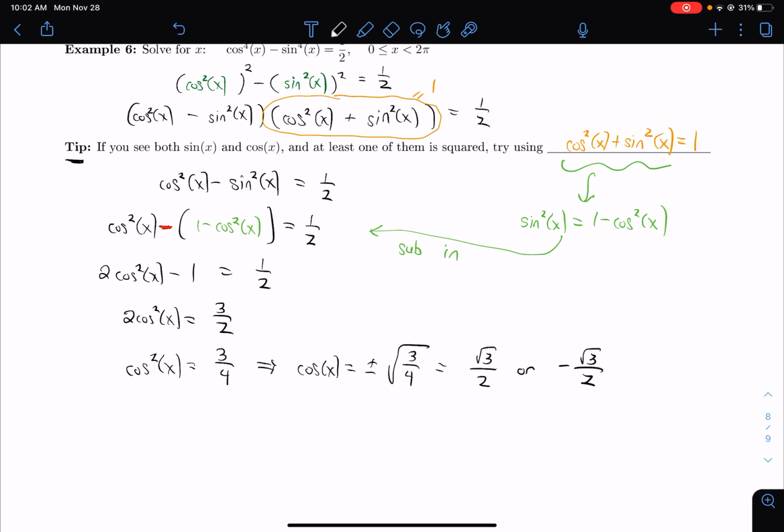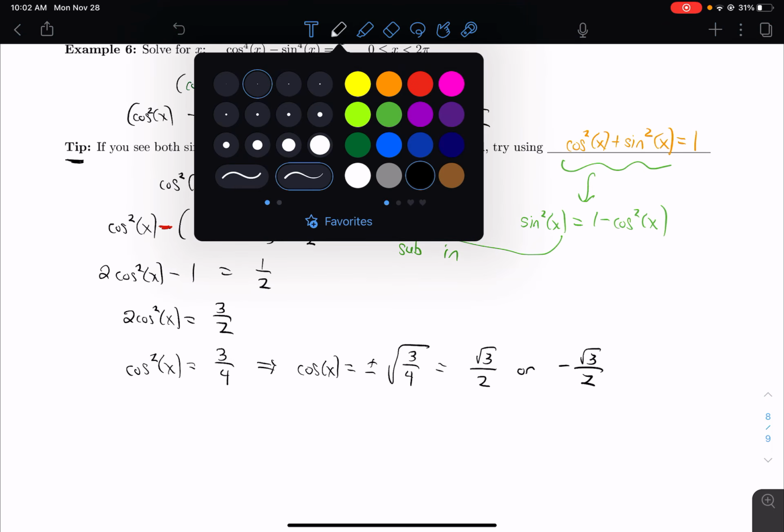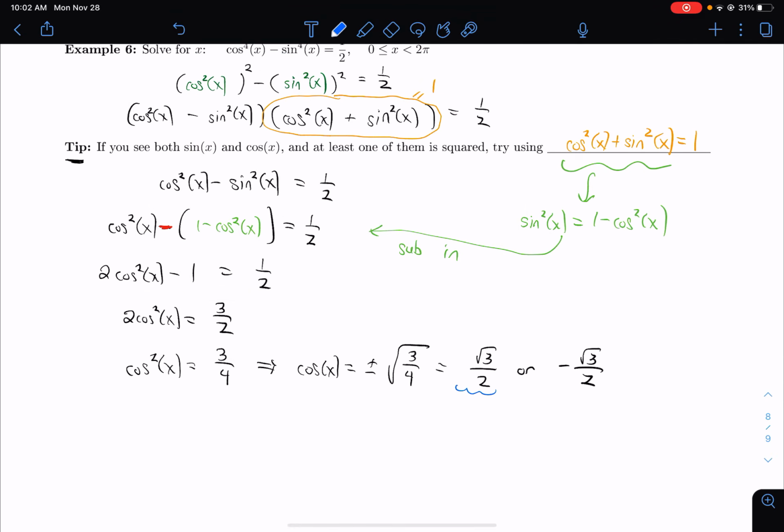And now this is where the unit circle will help me. From this first value, root 3 over 2, we will get 2 answers. We may need to refer to our unit circle here, or if we remember our unit circle, this will give us x equals pi over 6, as well as 11 pi over 6. We get 2 answers from that.